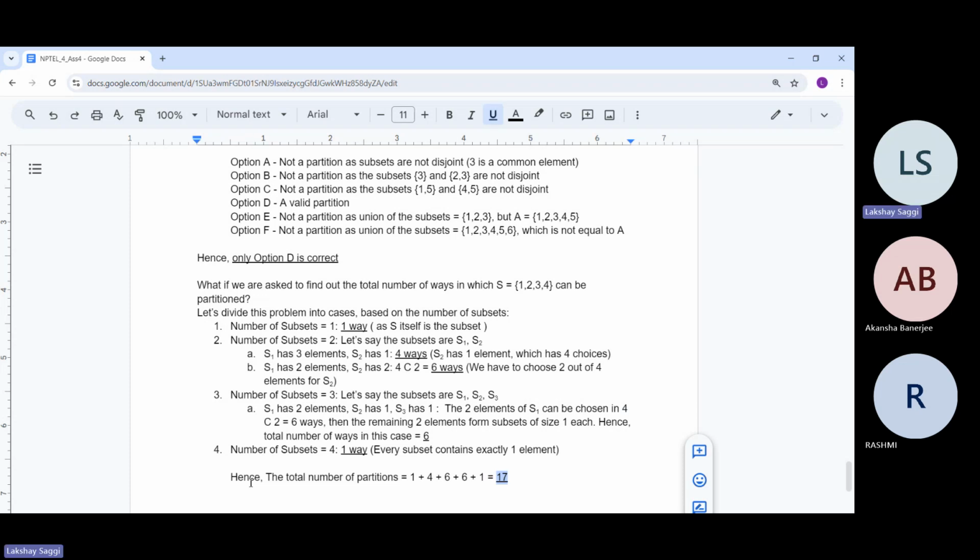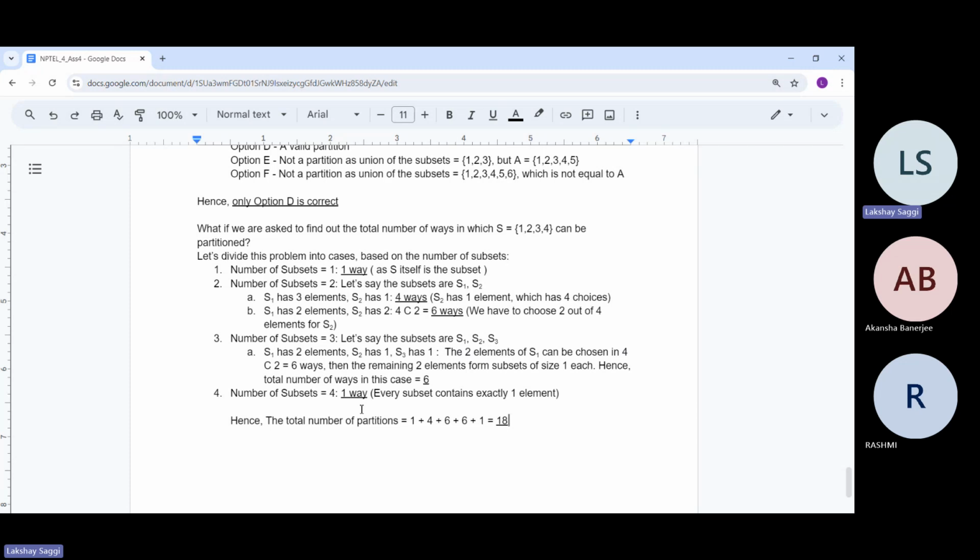I think it's not 17, but 18. So this will be the final answer for finding the number of partitions for a set of 4 elements. I hope it's clear that it need not be just 1, 2, 3, 4, it can be any 4 elements, and the number of partitions will still remain 18.